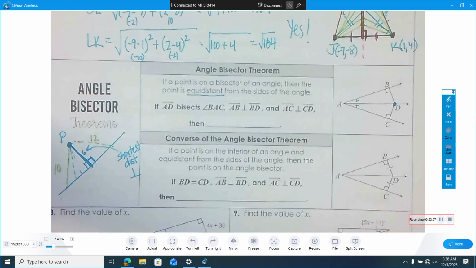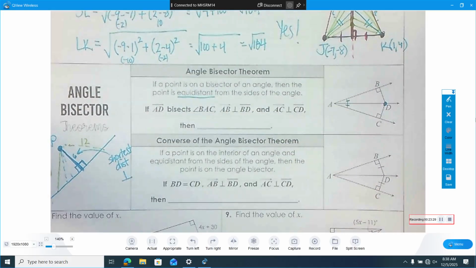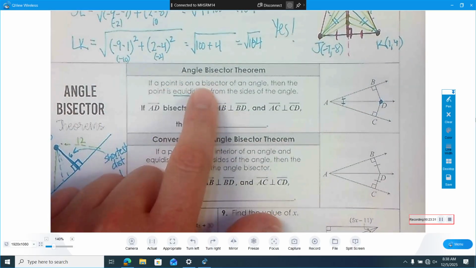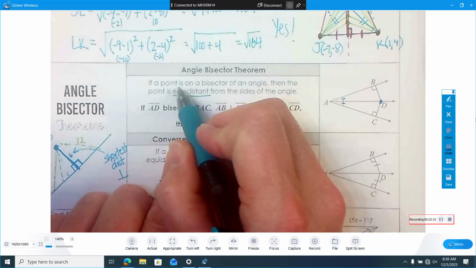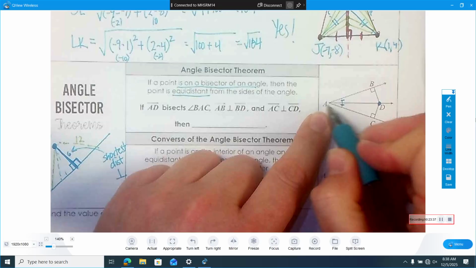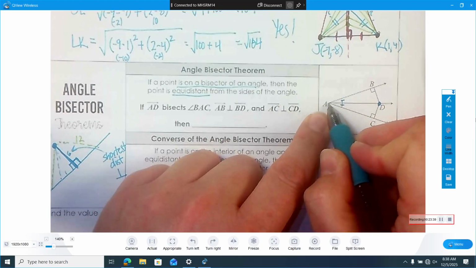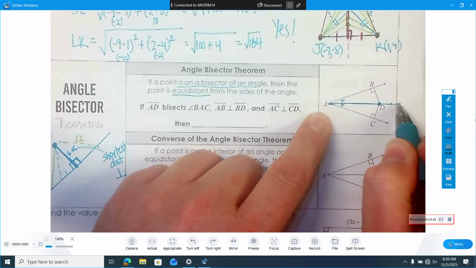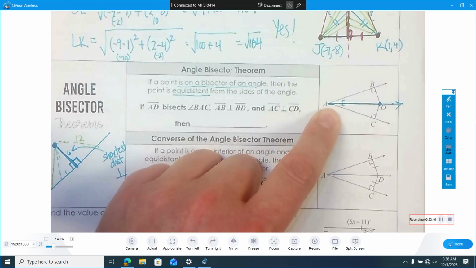Okay, so now I want to read this angle bisector theorem. It says, if a point is on a bisector of an angle, okay? So here I have this big angle A here. Ray AD is bisecting the angle.